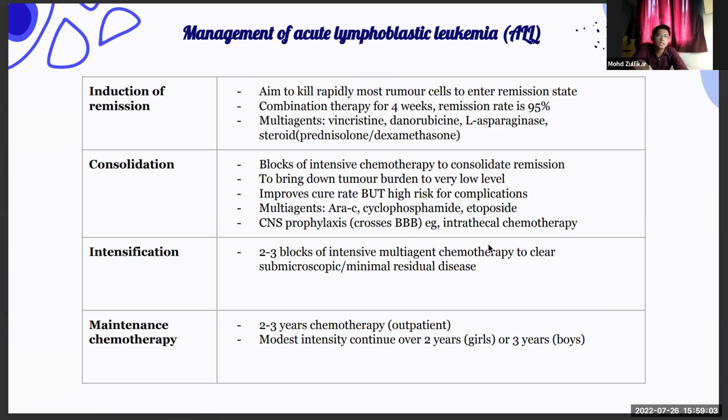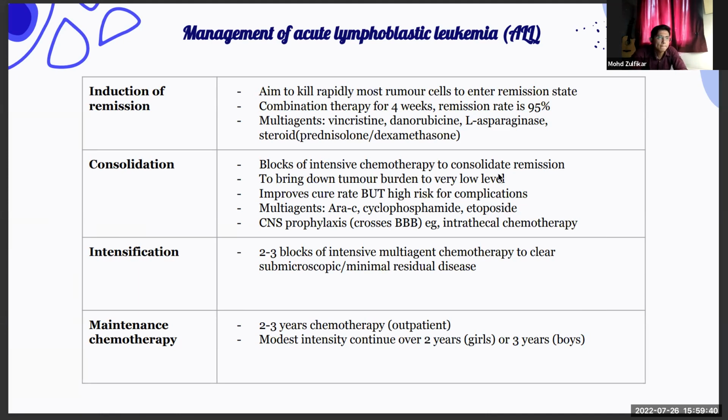Other than that, there is the intensification, whereby 2 to 3 blocks of intensive multi-agent chemotherapy clear the submicroscopic or any minimal residual disease. Then we need to maintain the state of consolidation and remission by maintenance chemotherapy, which is 2 to 3 years of chemotherapy as an outpatient, and the modest intensity continues over 2 years for girls and 3 years for boys.